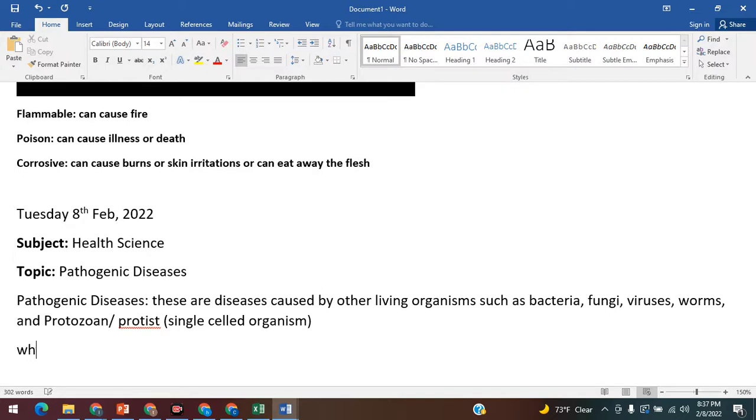Now when these pathogens are carried into the body, we call them by a specific name. Anyone know what we call them? Germs.